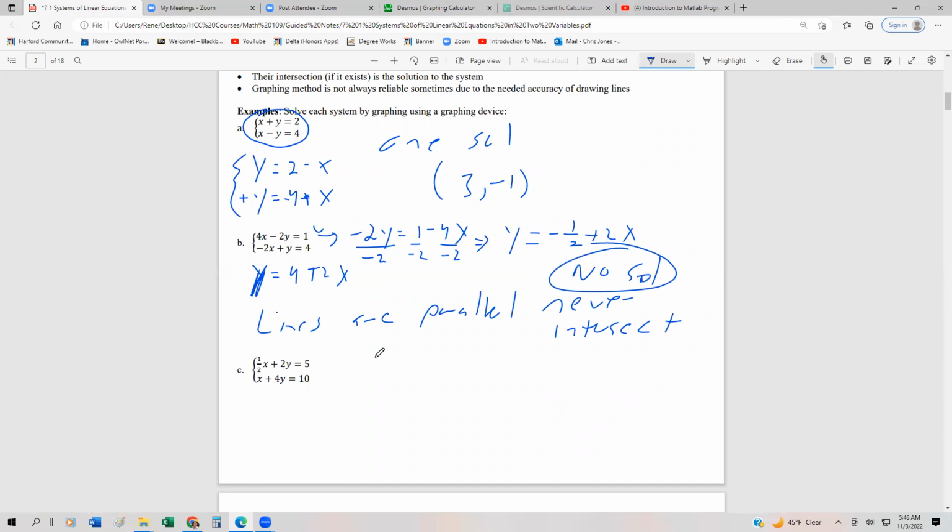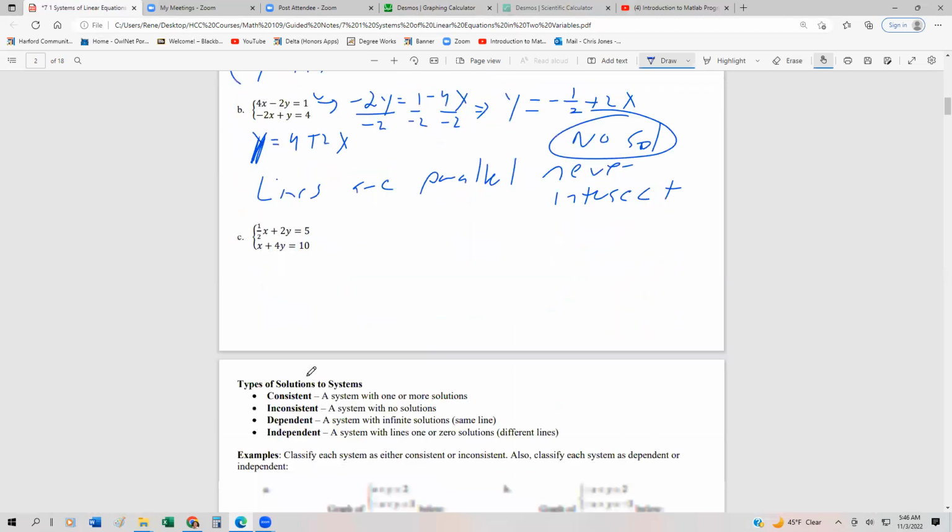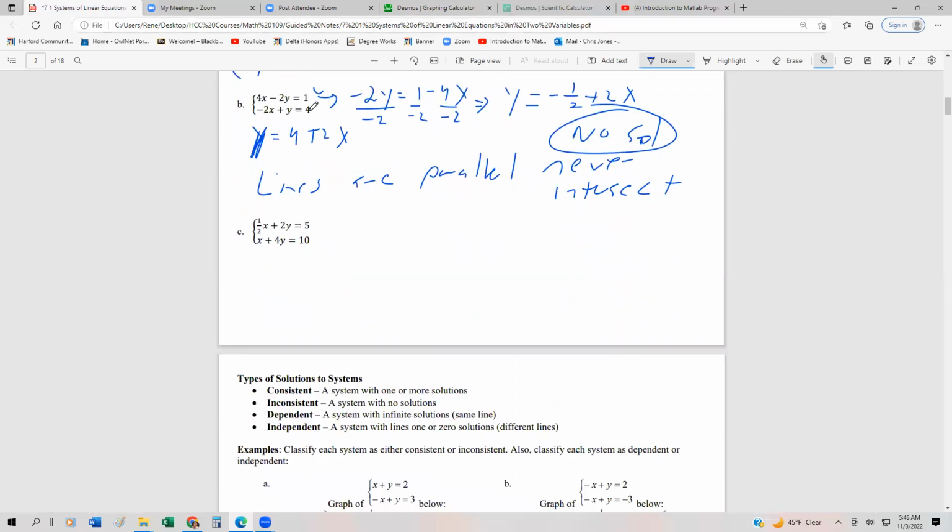Now we've seen one that has one solution, where the lines intersect, and we've seen ones that have no solution. Let's take a look at this last one. We have 1/2 x plus 2y equals 5, and x plus 4y equals 10. We could solve this for x and y, but in the interest of time I'm just going to plug it in.